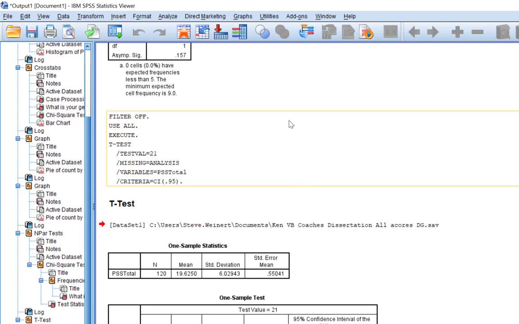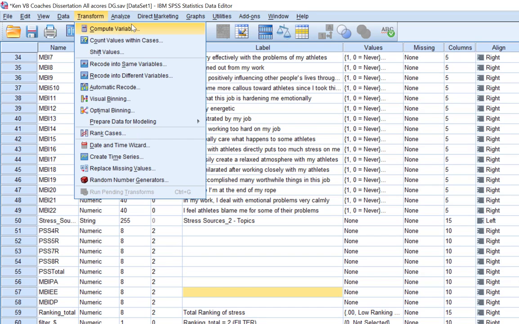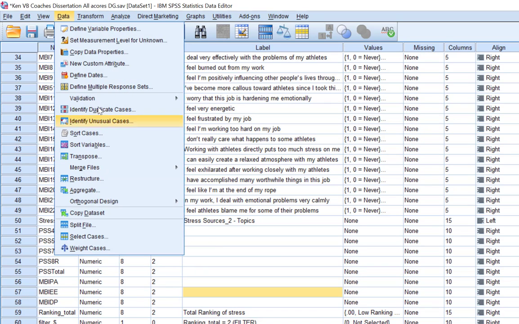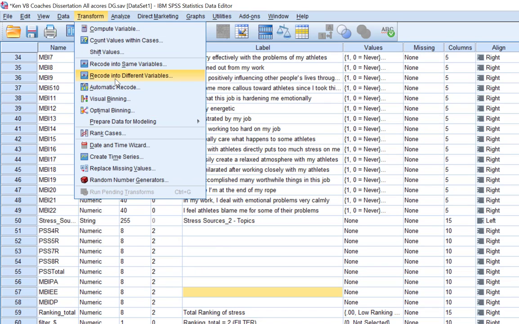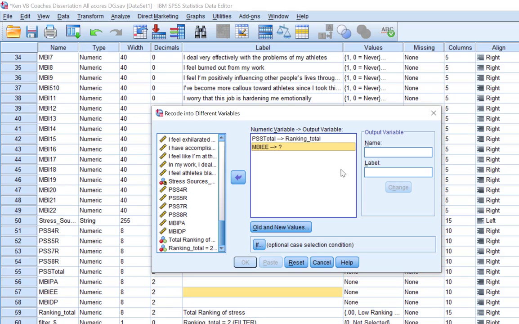So emotional exhaustion is, which is MBIEE on our data. Okay. So what are the rankings then? The low is less than 16. Transform, recode into different variable. Okay. MBIEE. And what is the name of this? It would be emotional exhaustion.